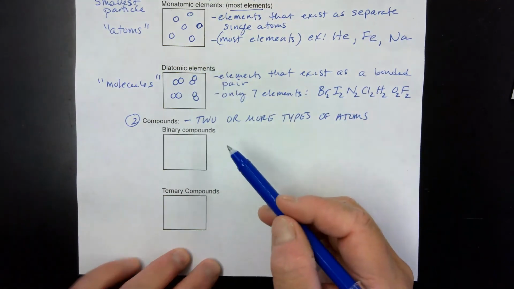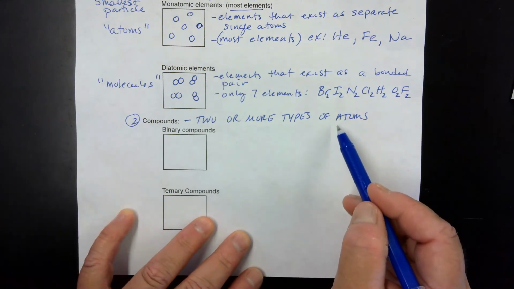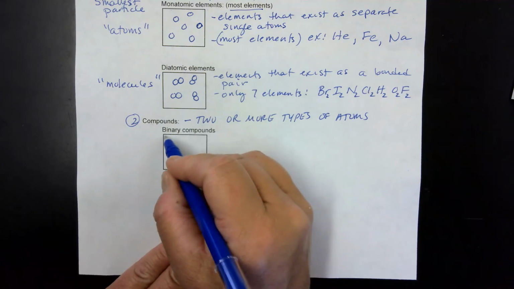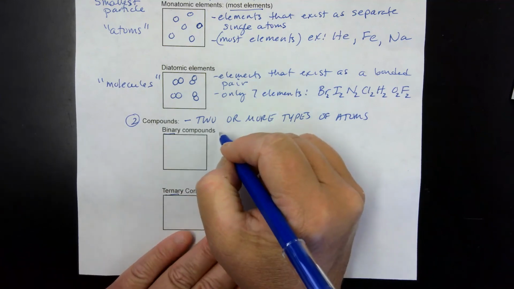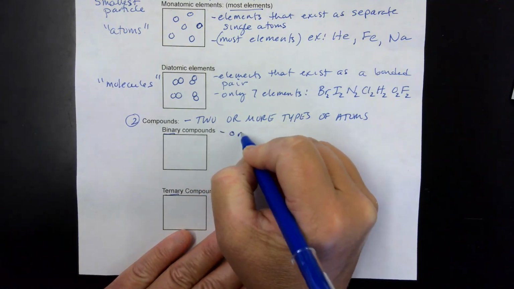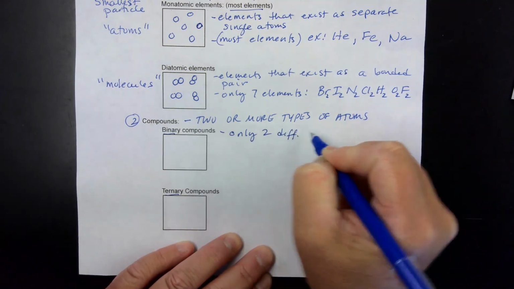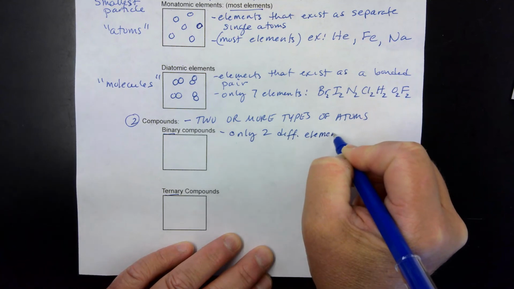All right, let's take a look at compounds where we're going to have 2 or more different types of atoms in each substance. The difference here is binary versus ternary, right? So binary, if you recall, is where you have only 2 different elements bonded together.